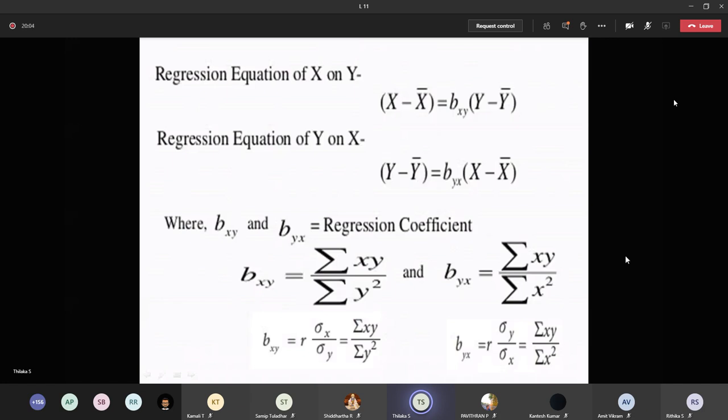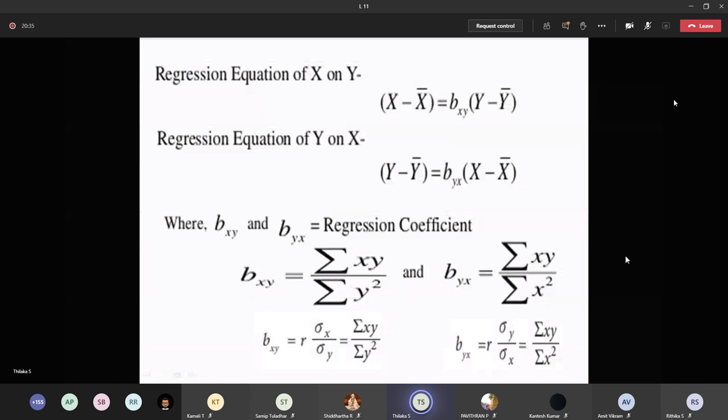If the set of data, the x and y variables, were given, we have to use the formula sigma xy divided by sigma y square and sigma xy divided by sigma x square. If the correlation and the standard deviation were given and you are asked to calculate the regression equation from that information, you have to use the second formula, r into sigma x divided by sigma y, and in the second one, r into sigma y by sigma x.